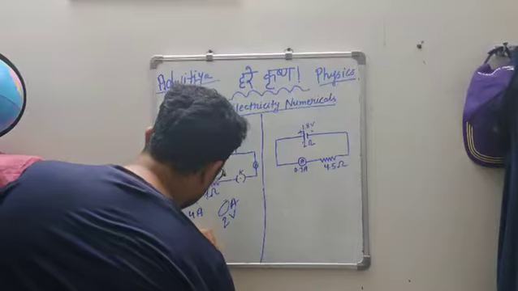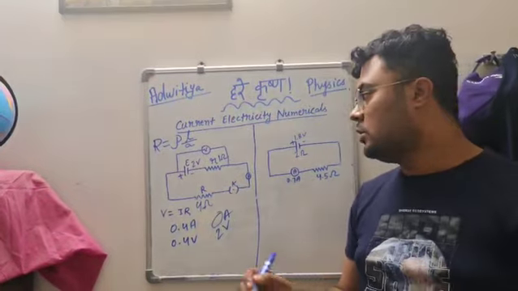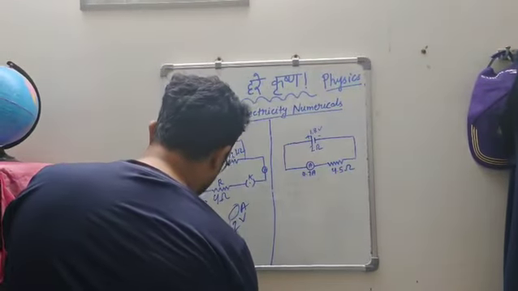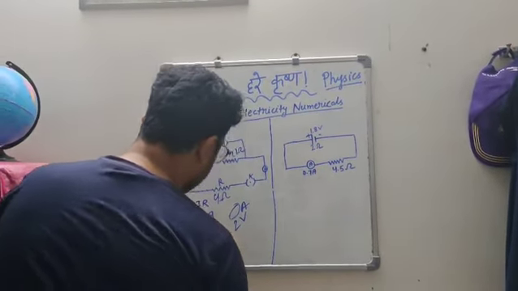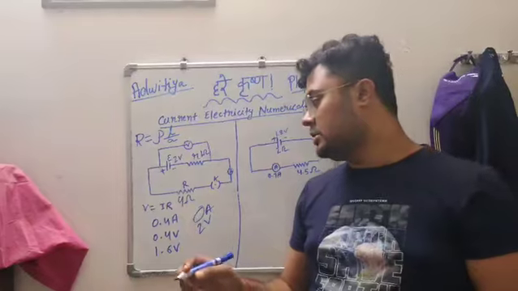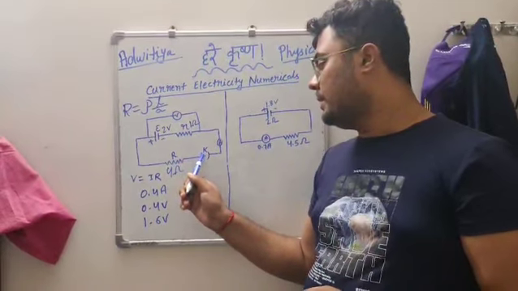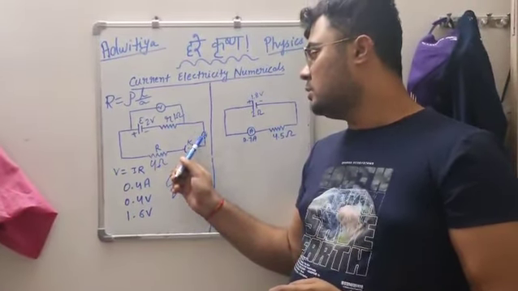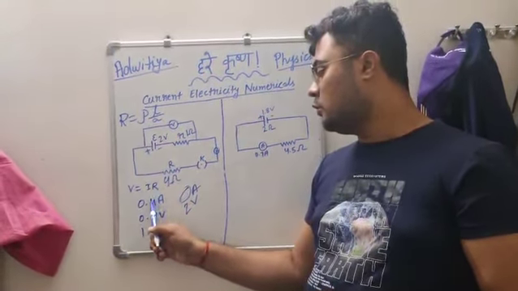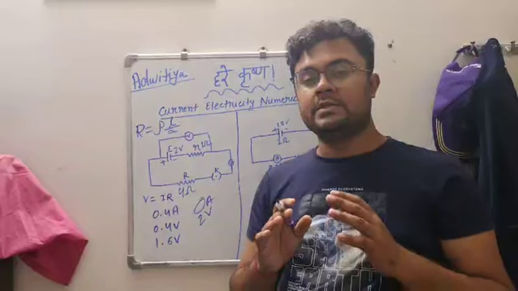Total voltage was 2 volt, so your ultimate answer is 1.6 volt. When the switch is open, ammeter reading is 0 and voltmeter reading is 2. When the switch is closed, ammeter reading is 0.4 and voltmeter reading is 1.6. This is how we can solve this type of numerical.